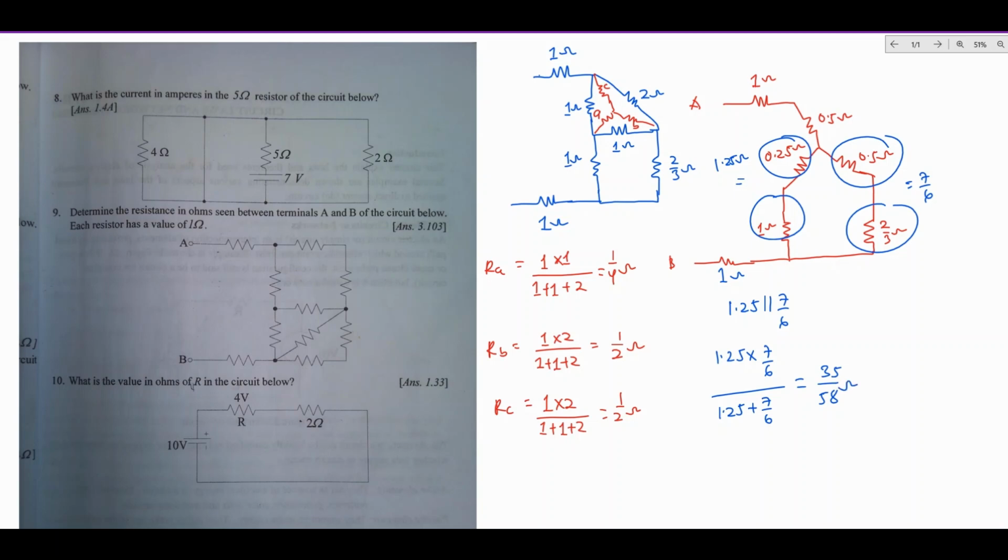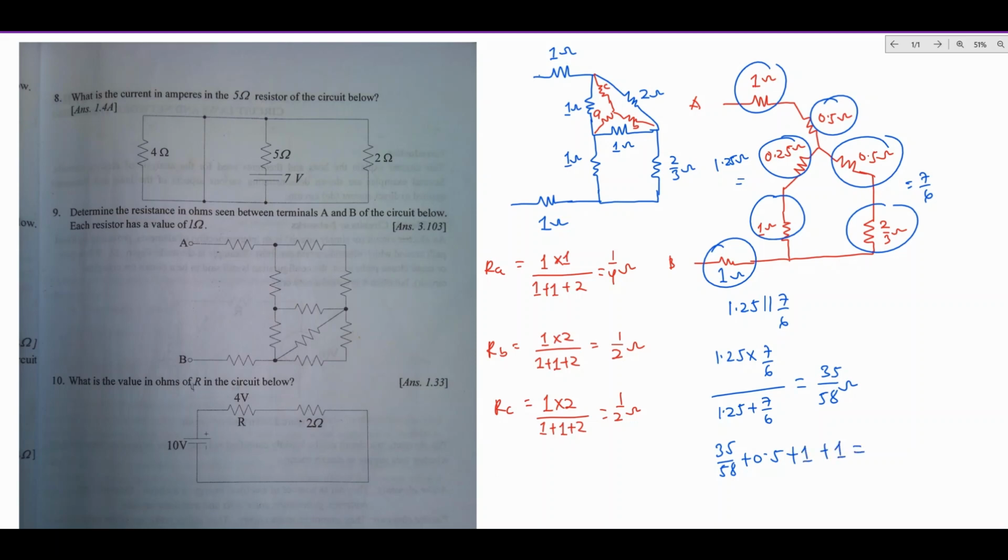So what will happen is that this 35 on 58 ohms will be in series with this 0.5 here. You're going to have 35 on 58 plus 0.5, and then at the same time it will be in series with this 1 ohm and then this 1 ohm here. So you're going to have plus 1 plus 1.